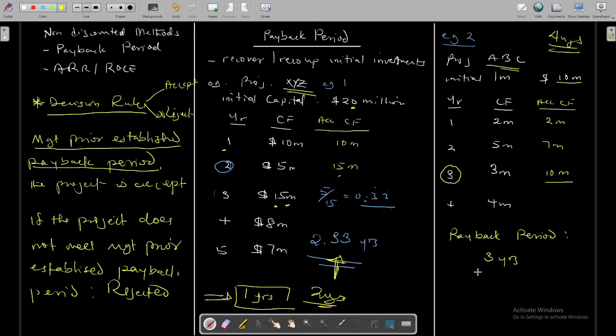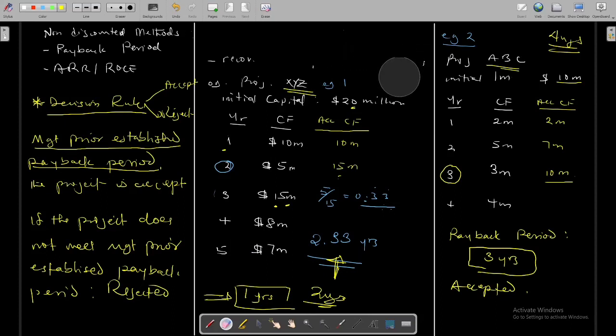If that is the case, then the payback period of 3 years for this project will be accepted because it's below the 4 years. Okay, having looked at this, let's look at the advantages and disadvantages of the payback period.